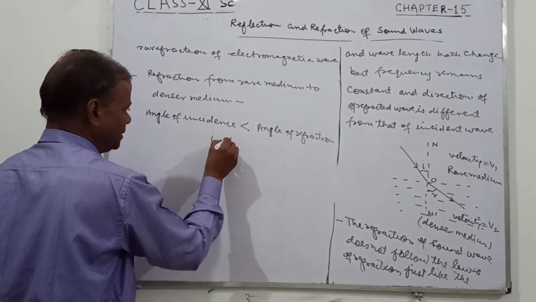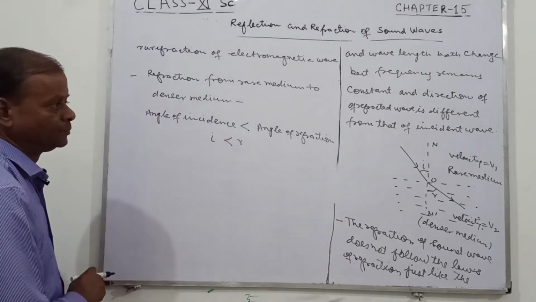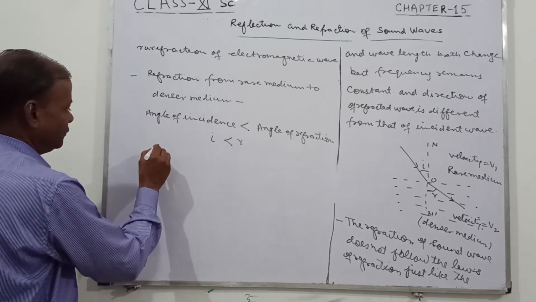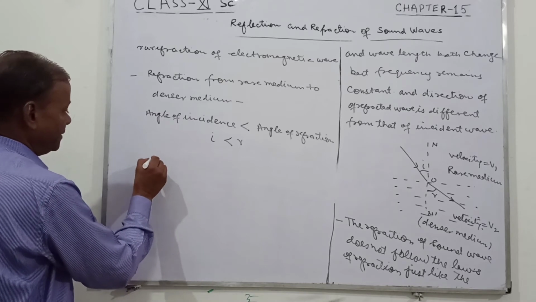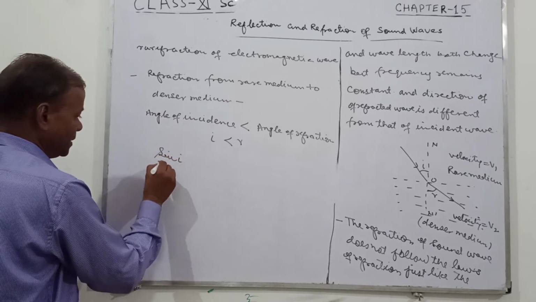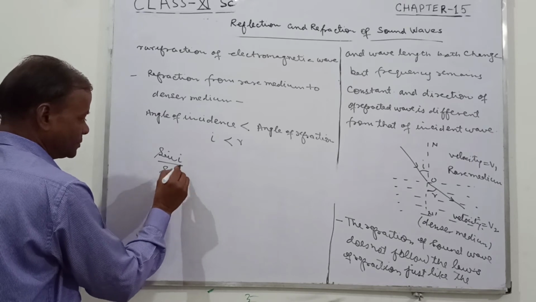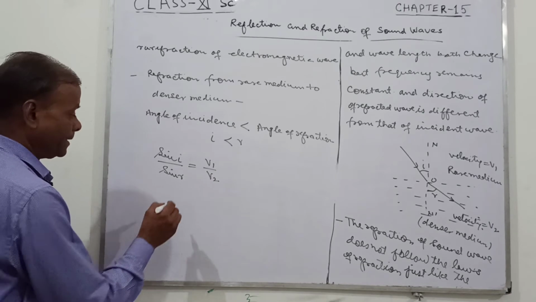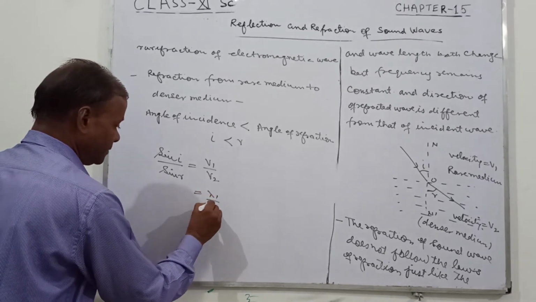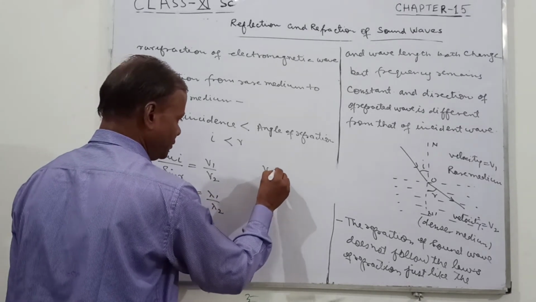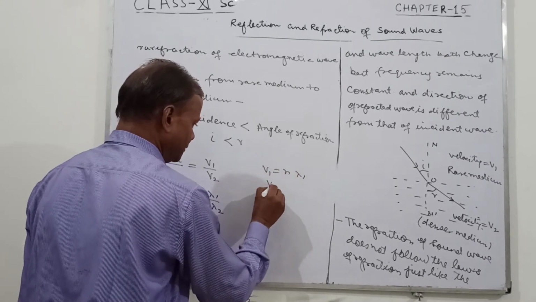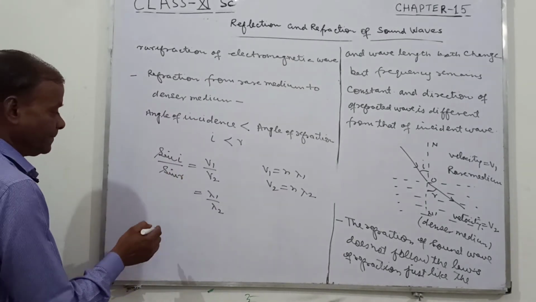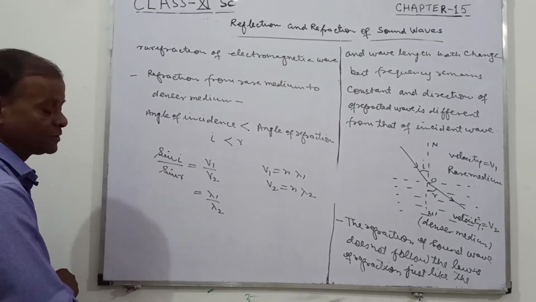This means that I is less than R. So if we have sin I upon sin R, then this is equal to v1 upon v2, and this is equal to lambda 1 upon lambda 2, as v1 equals n lambda 1 and v2 equals n lambda 2. There is no change in the frequency. So this is what we have, sin I upon sin R.